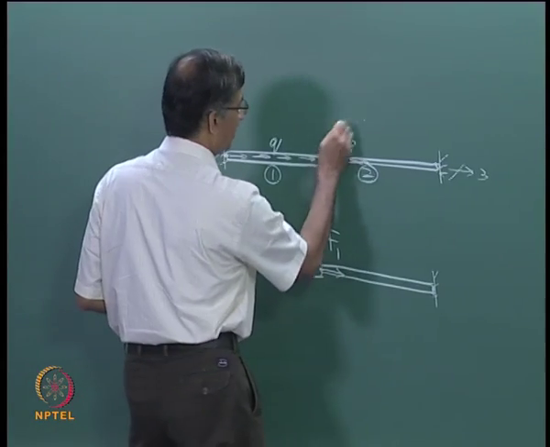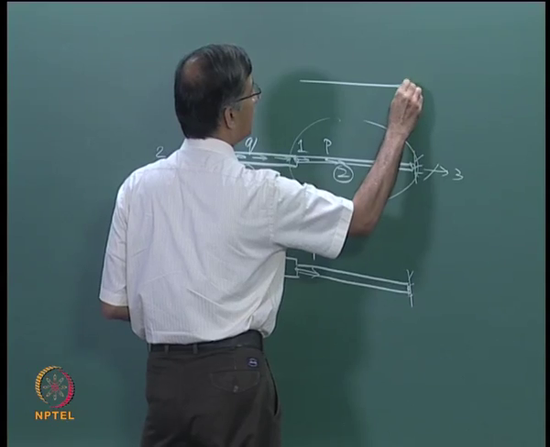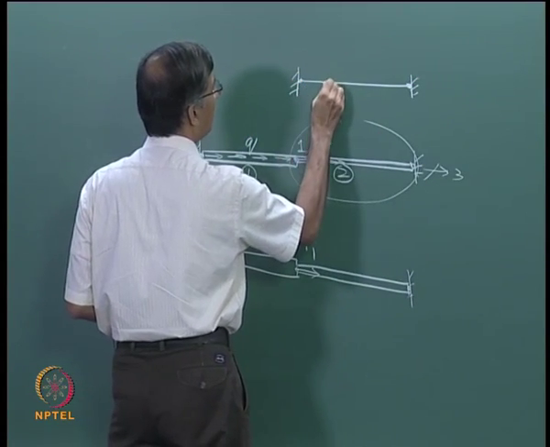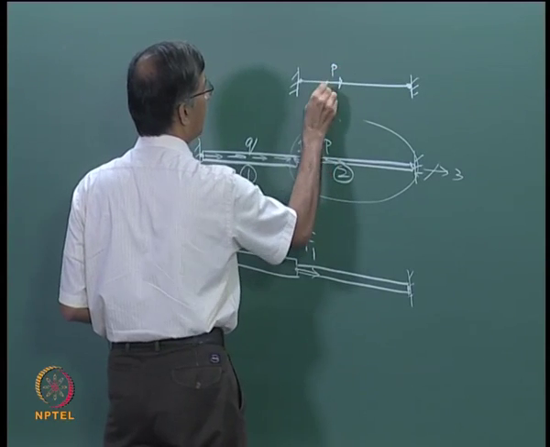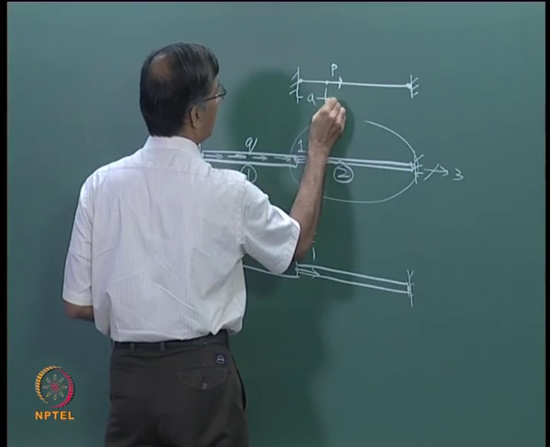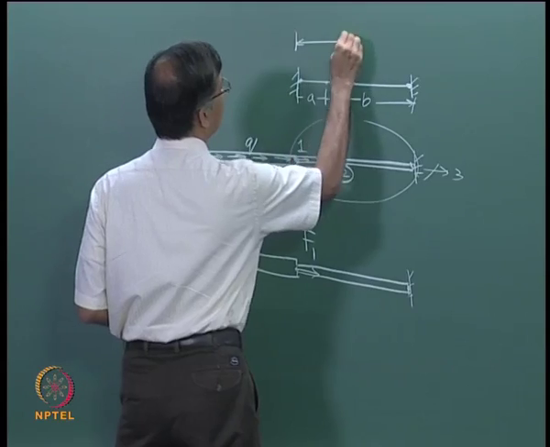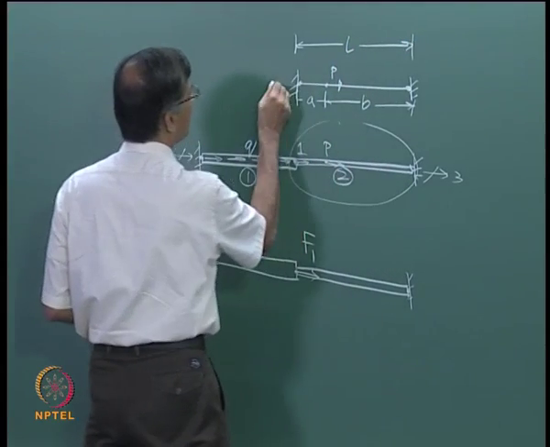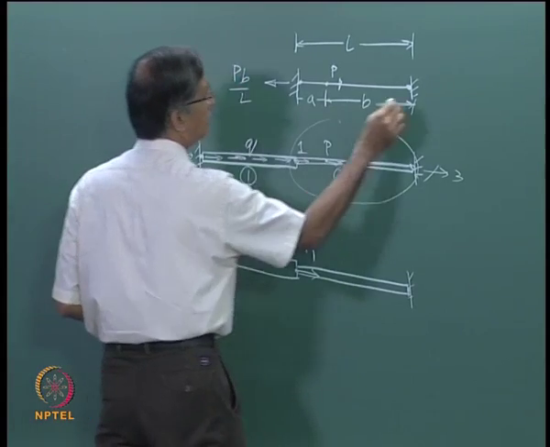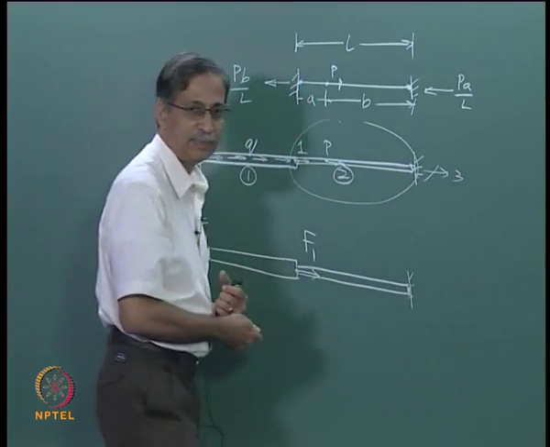Take this for example. You have an element here, you arrest this degree of freedom, arrest this degree of freedom. If you apply a force here P, and this distance is A, this distance is B, this length is L, we know that you will end up with a force here which is PB by L, and PA by L, right.